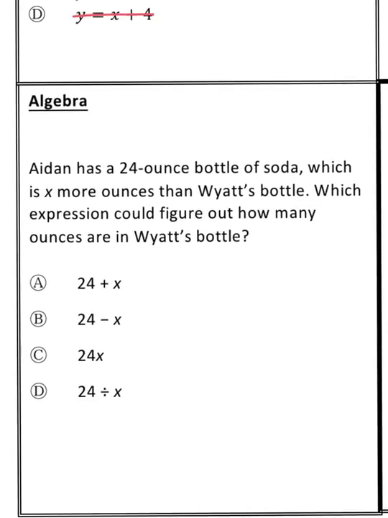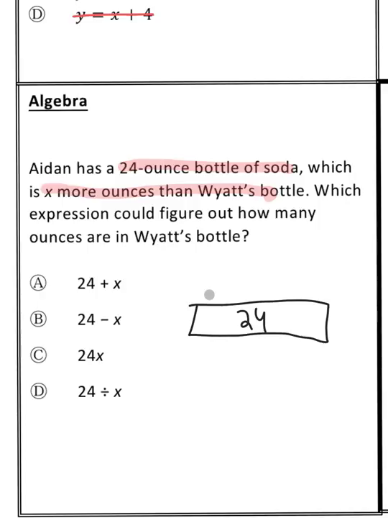So we have Aiden has a 24-ounce bottle of soda, and that's X more ounces than Wyatt's bottle. Which expression could figure out how many ounces are in Wyatt's bottle? So, in this one, we know Aiden has a 24-ounce bottle. So, if I were to draw a bar, imagine this bar is just Aiden's 24-ounce bottle of soda.